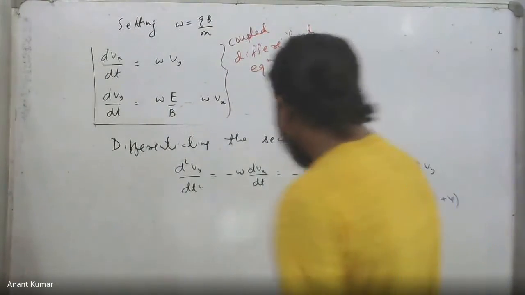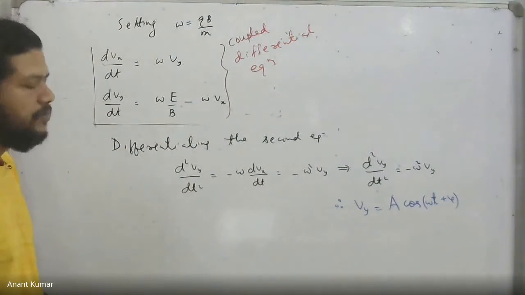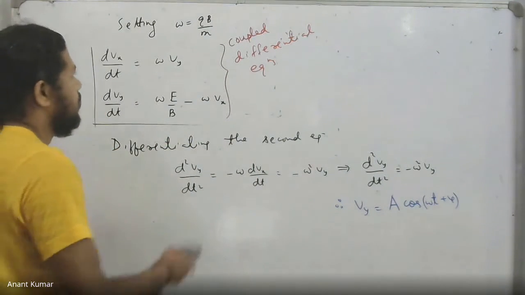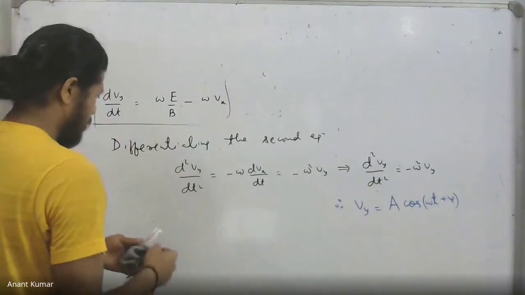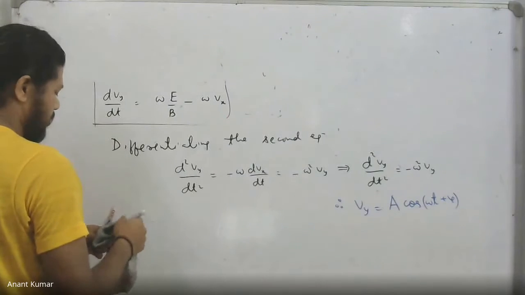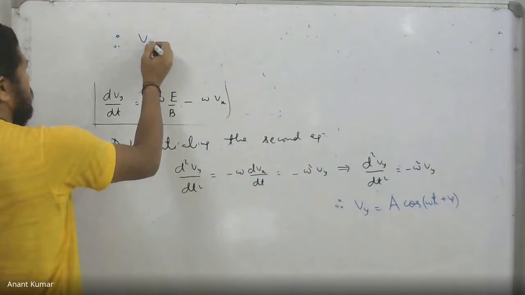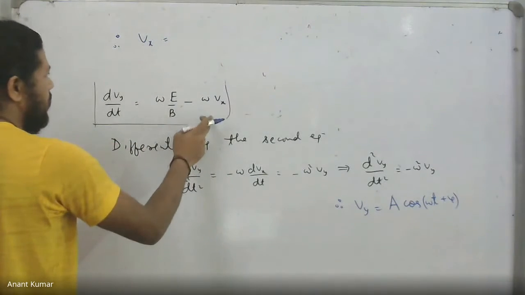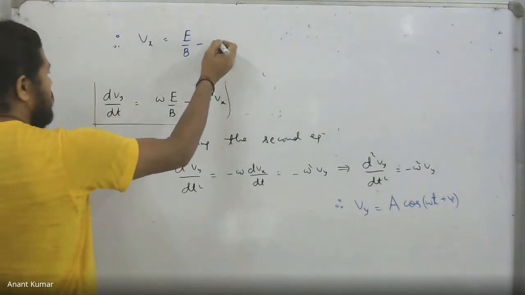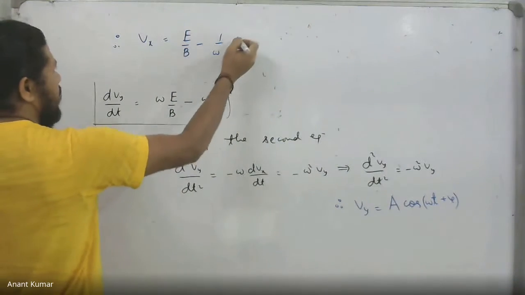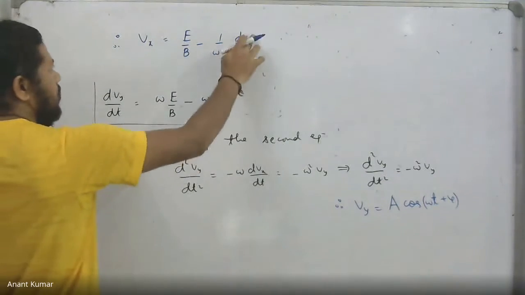Once you've got this Vy, I can use this equation over there to obtain Vx as well. So we get Vx as what? From this equation, I get therefore Vx. Vx will be given by E by B minus 1 by omega dVy upon dt.